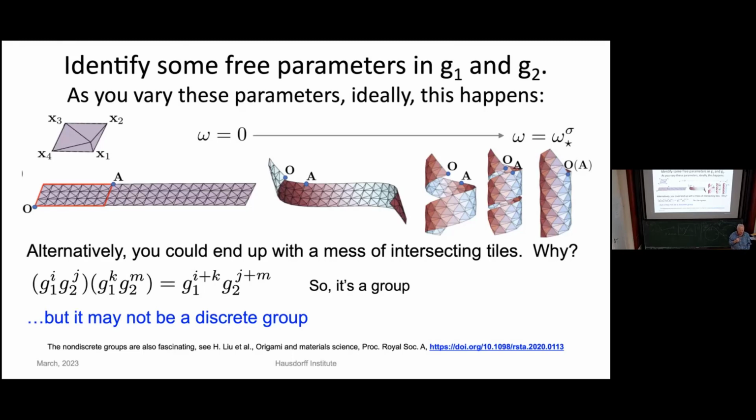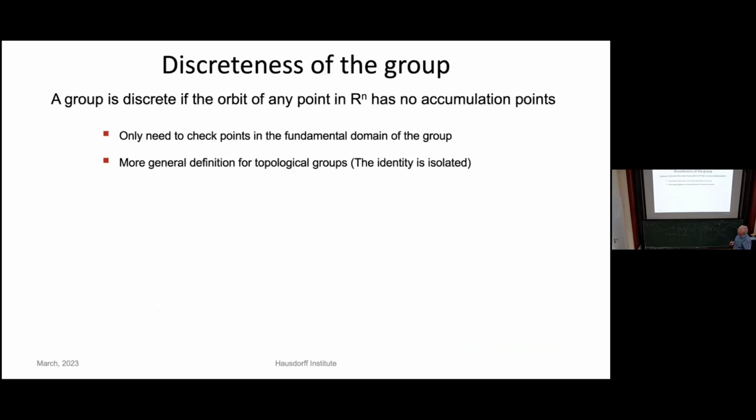Discreteness of the group is very much related to whether this comes together perfectly to form a perfect helical structure. If you're teaching about discrete groups, it's such a concrete example. It's a nice thing to know about.